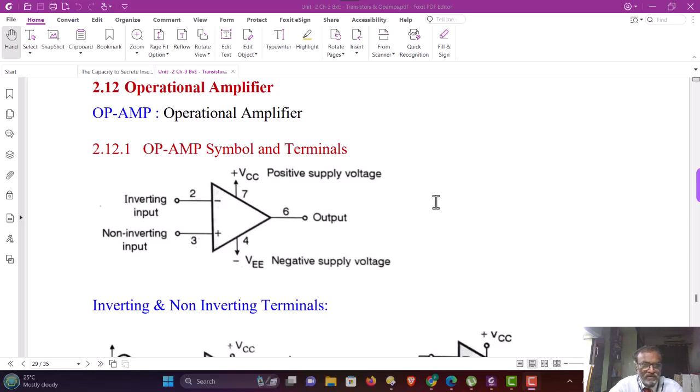The basic symbol and terminals of operational amplifiers is shown in the figure. As we know, the operational amplifier is a multi-stage amplifier. It basically consists of four stages.